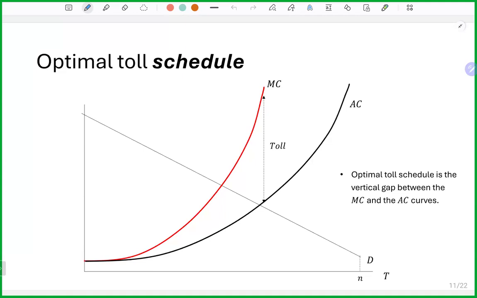So if we impose congestion toll, okay, then there will be that number of waves under the new equilibrium. Then when there is that particular number, each person will be charged this amount.